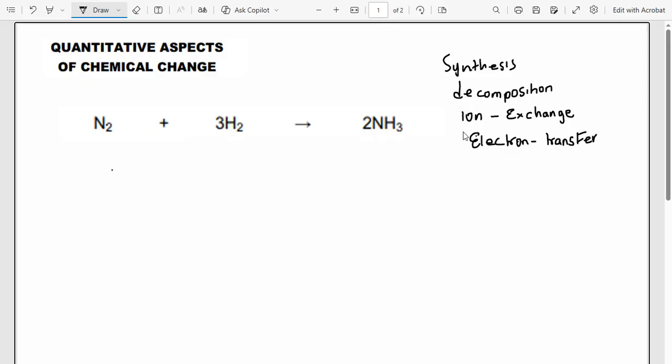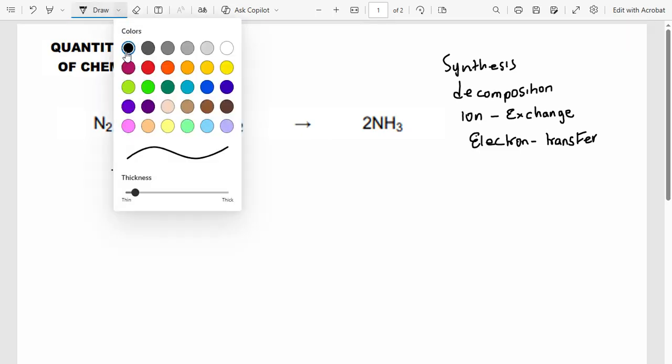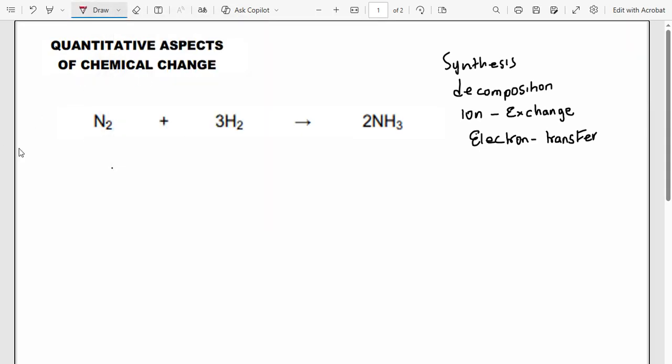Now, if you look at this given chemical equation, we say that a chemical reaction can be represented by a chemical equation. This thing, guys, we call a chemical equation. In any chemical equation, the principle of conservation of atoms applies.